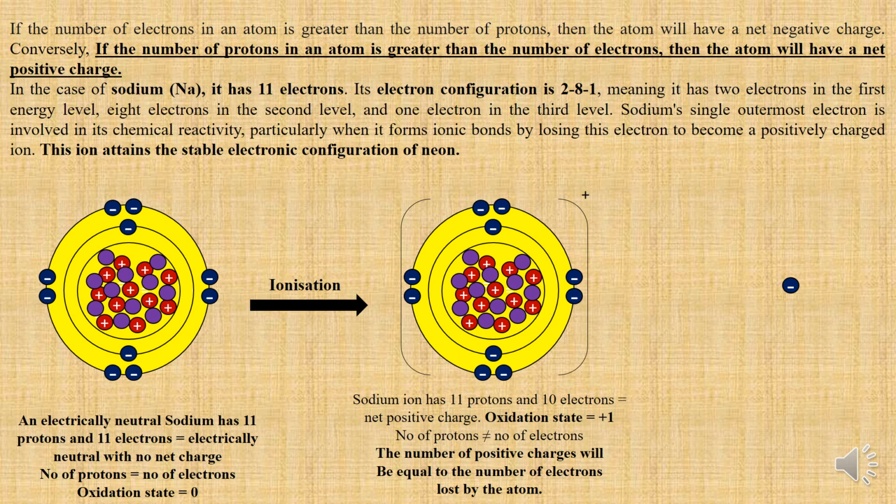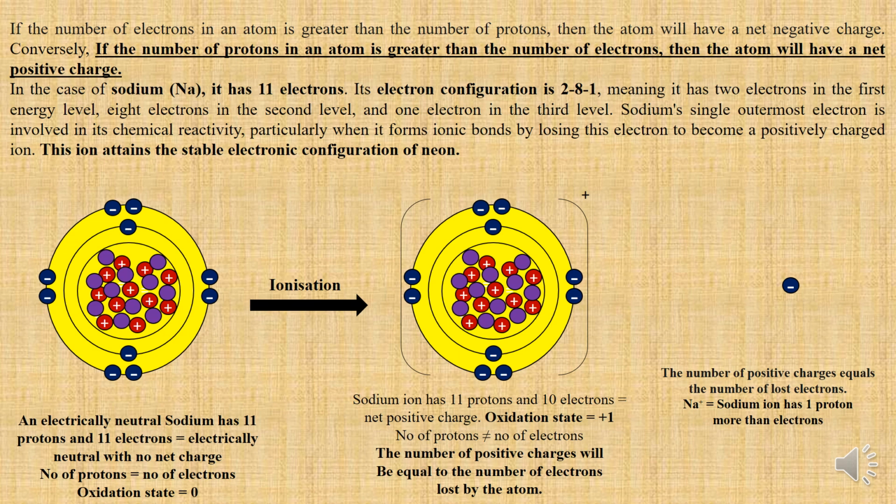So here sodium has lost 1 electron and therefore it will gain a positive charge. So the number of positive charges equals the number of lost electrons. Sodium has lost 1 electron and therefore it has 1 positive charge.